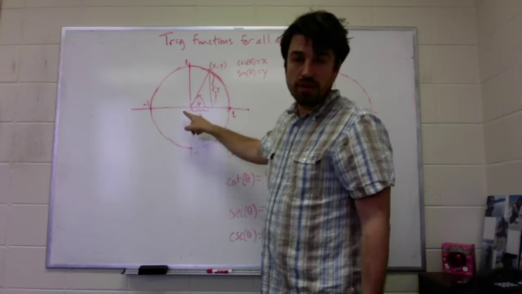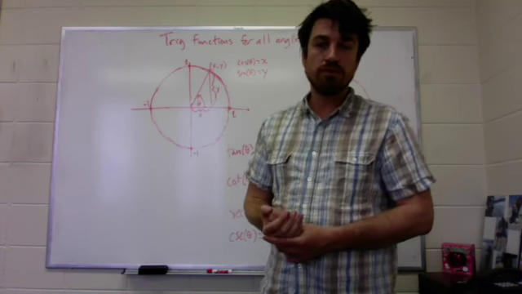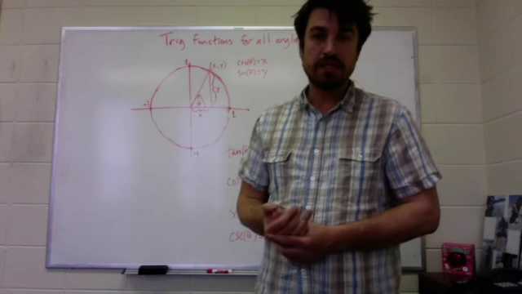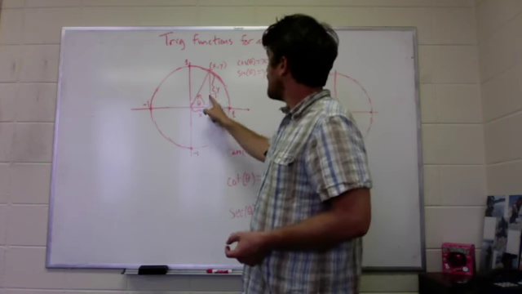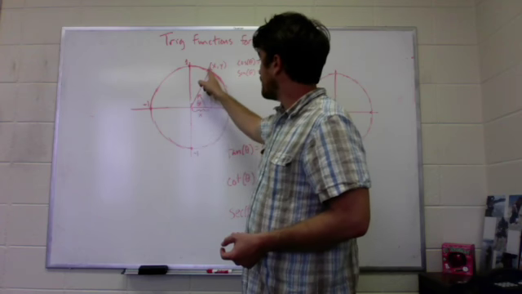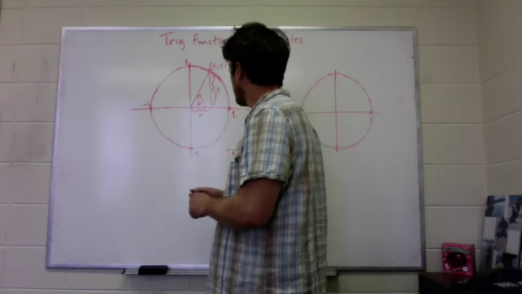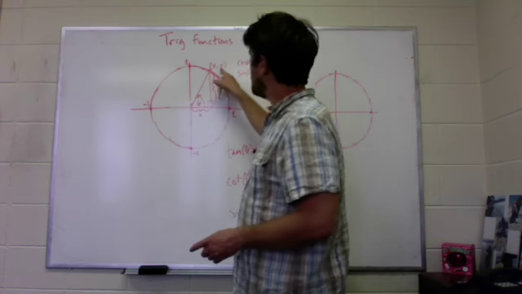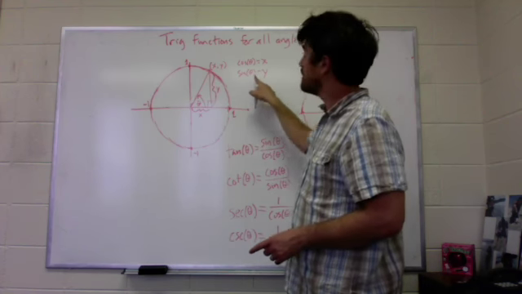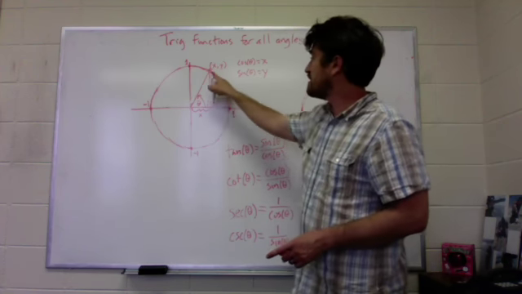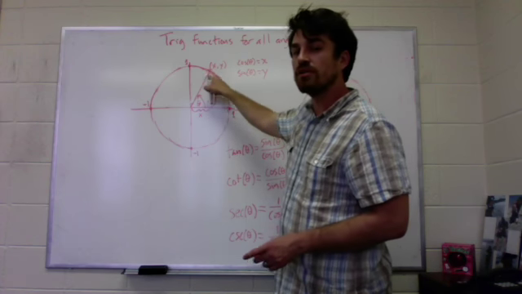And so the ratio opposite over hypotenuse just becomes equal to the length of the opposite side. In fact, the sine of a given angle theta is just the length of this edge on this right triangle, and that is just its y coordinate. So that's where I write this down: sine of theta is equal to the y coordinate that lives on the unit circle here.